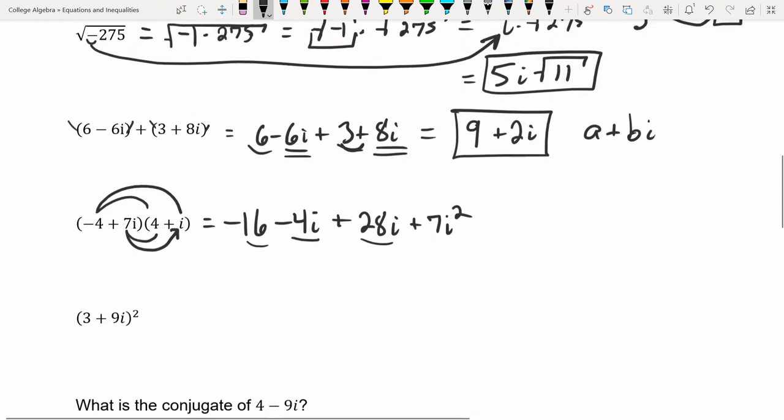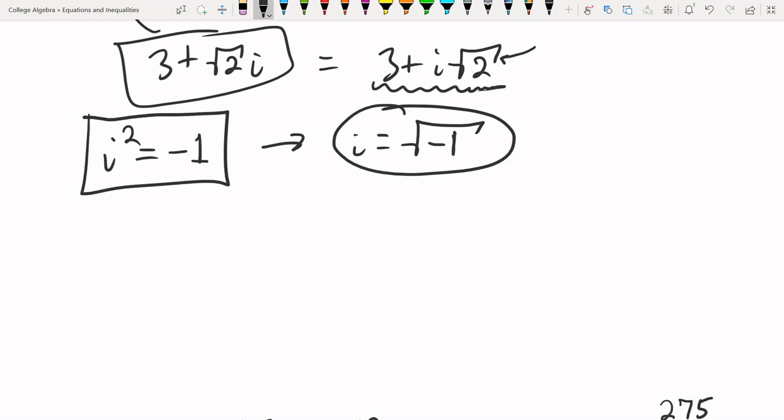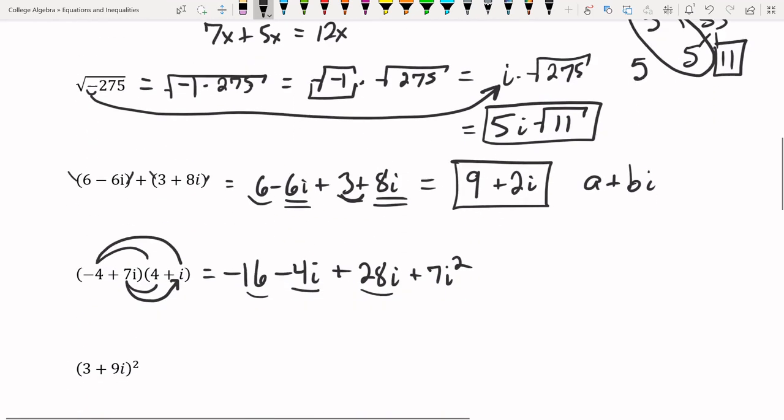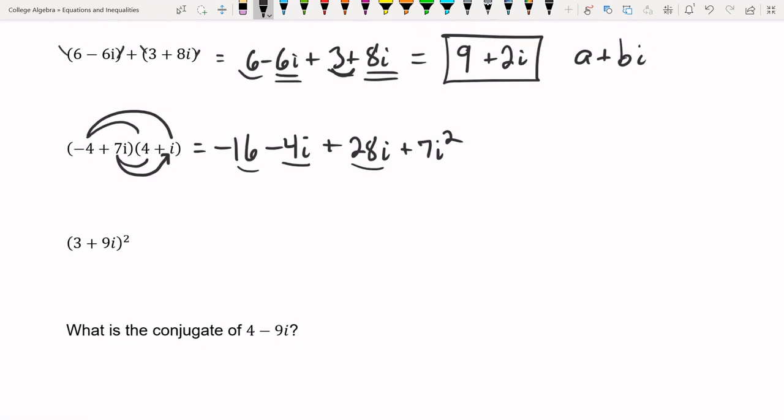7i squared. Let's go back up to the definition of what i is. i squared equals negative 1. So we're going to rewrite this 7i squared as 7 times negative 1, which means we actually have negative 7.